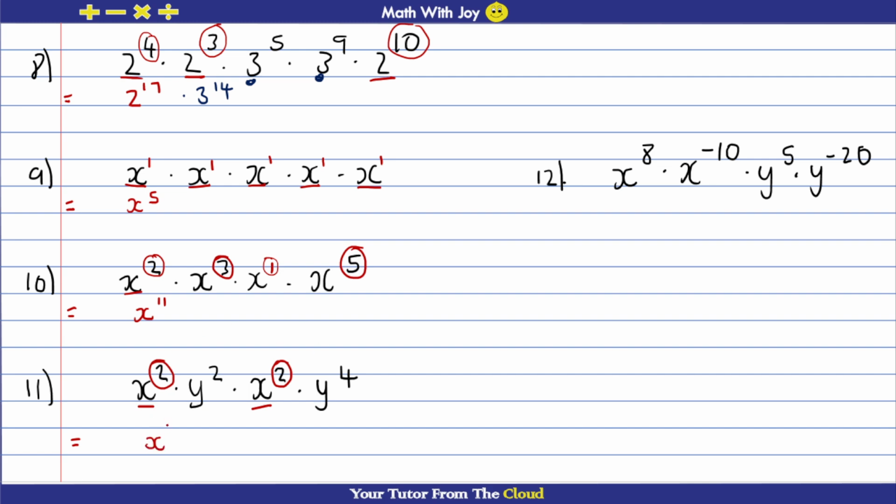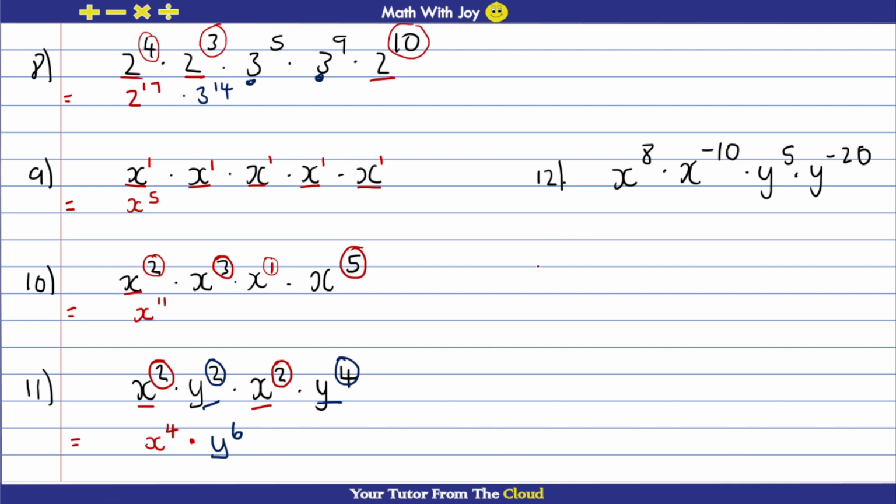So this is x to the power of 4, whilst the y's multiply each other as well. So we have y to the power of 2 times y to the power of 4. I just have to add those exponents and I get y to the power of 6.